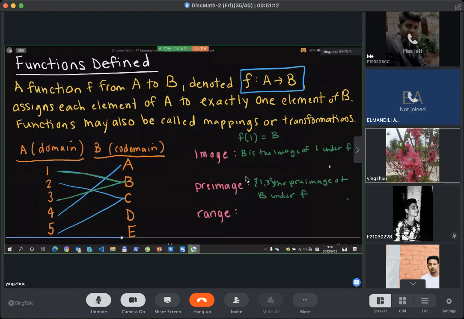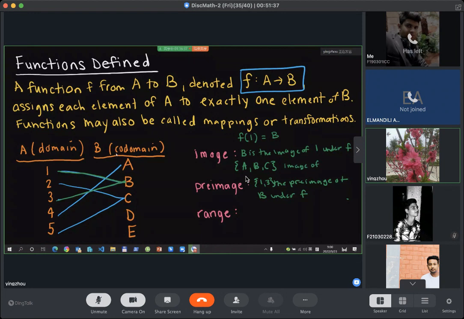We could also say, if we're dealing with the entire function instead of just one value or element of the set, that the set {A, B, C} is the image of f. Why didn't we include D and E in the set? Because there is no input that gives you those outputs.